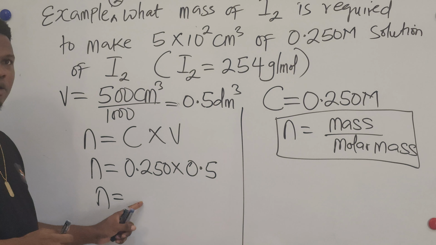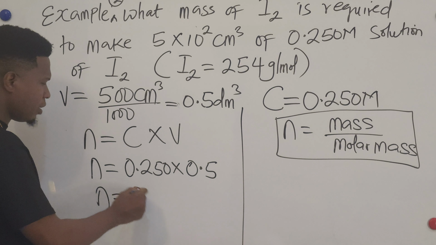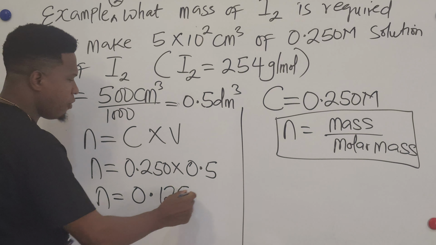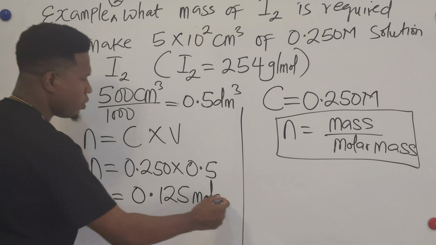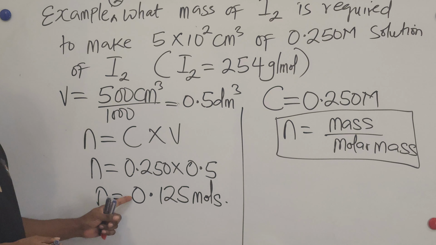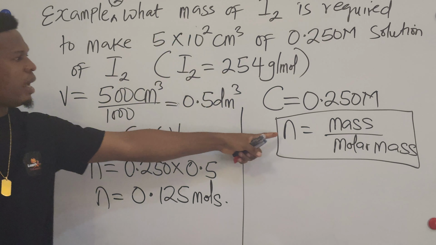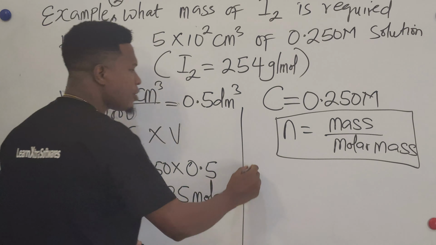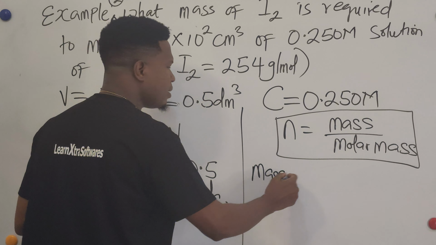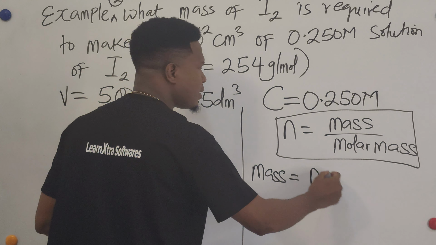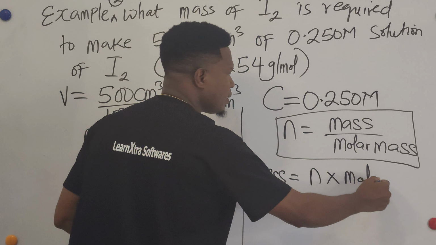You get the value of what? n. All you have is 0.125 moles, right? That's not the answer. We are looking for mass. So from here, making the mass subject, mass becomes n times molar mass.